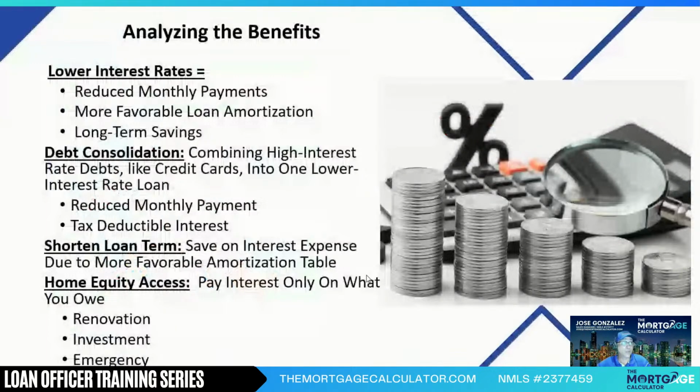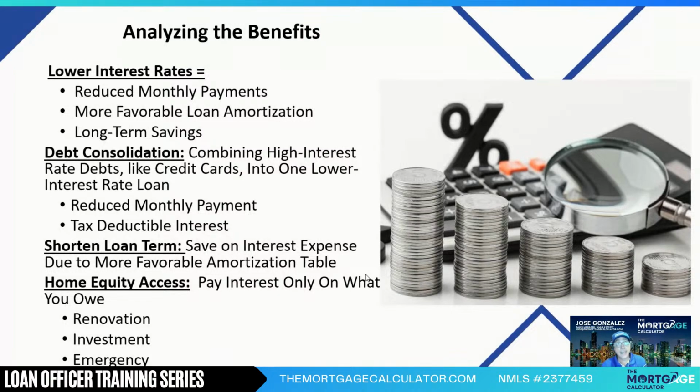And that's where we're talking about now, analyzing the benefits, right? If we got lower interest rates, then yes, we have reduced monthly payments, if that's one of their objectives. More favorable loan amortization, and a lot of long-term savings. What do I mean by more favorable loan amortization?